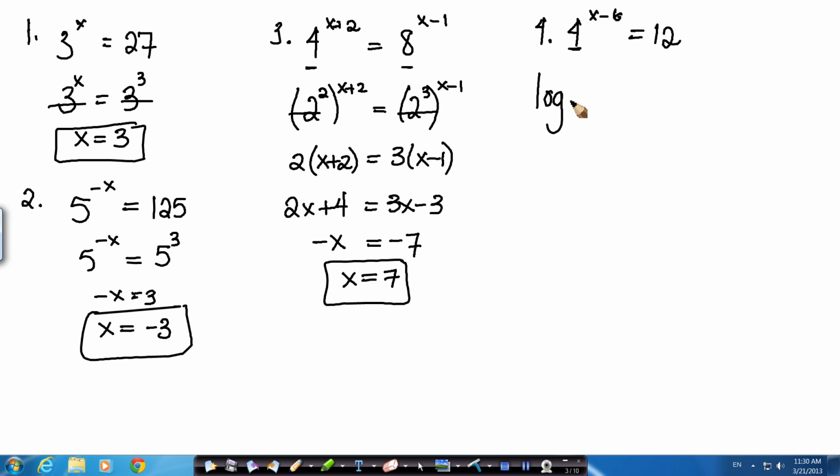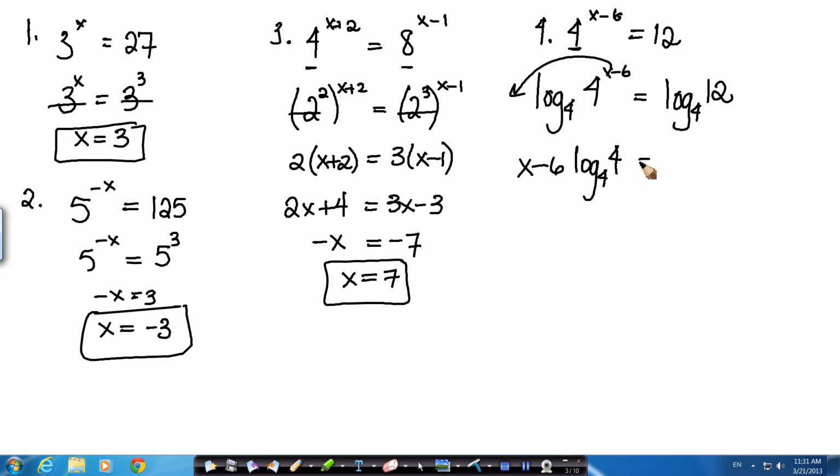Say the log base 4 of 4 to the x minus 6. Whatever we do to the left side, we do to the right side. So we say the log base 4 of 12. Just bring the x minus 6 forward: x minus 6 times the log base 4 of 4 equals the log base 4 of 12.